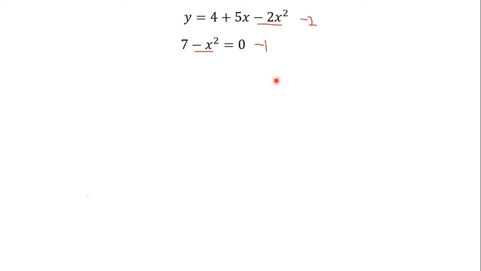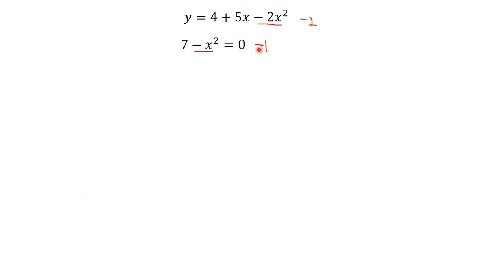We have learned in the previous video that when you have such a situation, you multiply the equation by a constant or a number such that the coefficient of the quadratic term in the equation will be the same as the coefficient of the quadratic term in the function. We can see that the coefficient of the quadratic term in the function is minus 2.